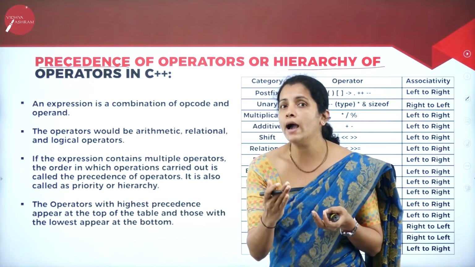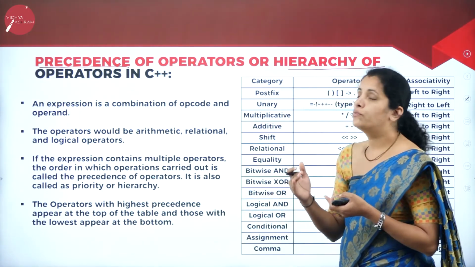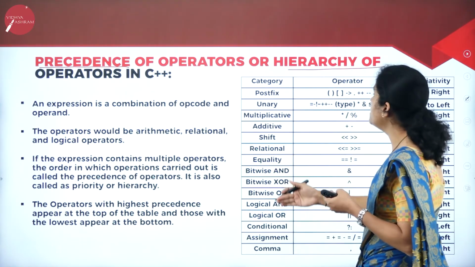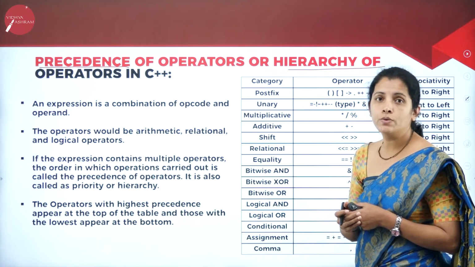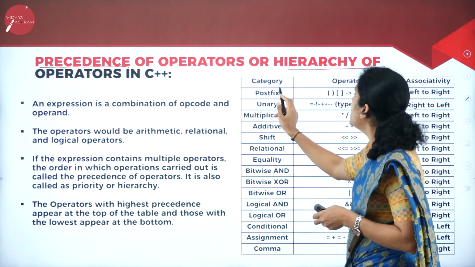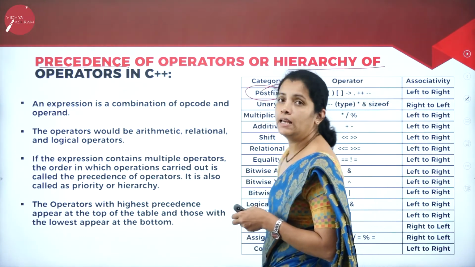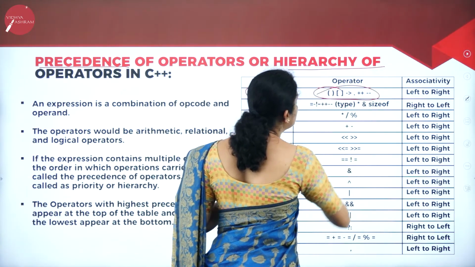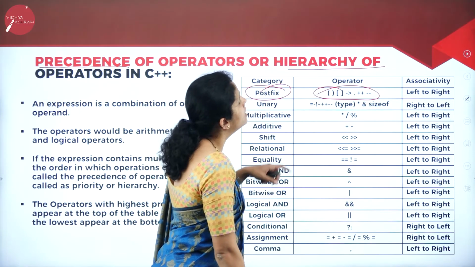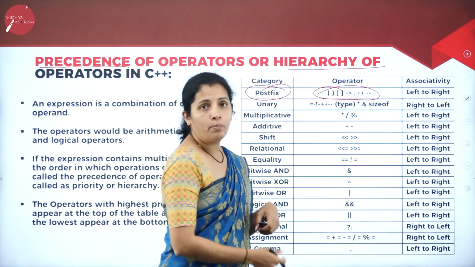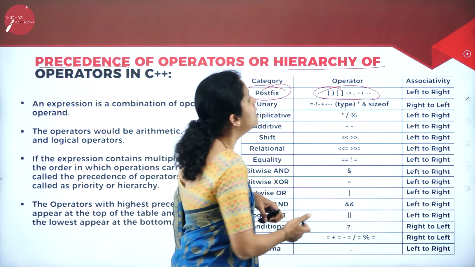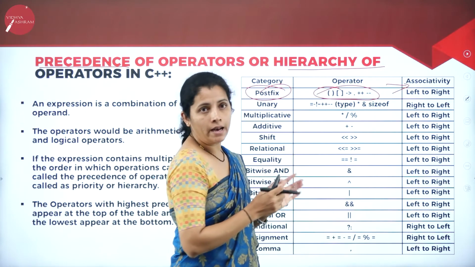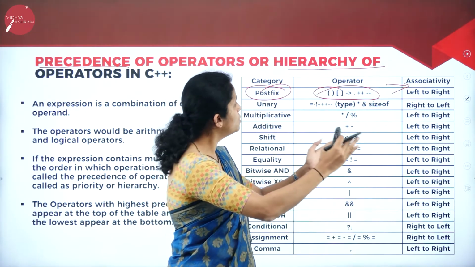That means to evaluate the expression, I want to follow certain rules. So I'm going to have the operator associativity. If I consider the category like postfix, I'm going to have operators like parenthesis, brace, increment or decrement operator, and how am I able to evaluate? I'm going to start evaluating from left to right.